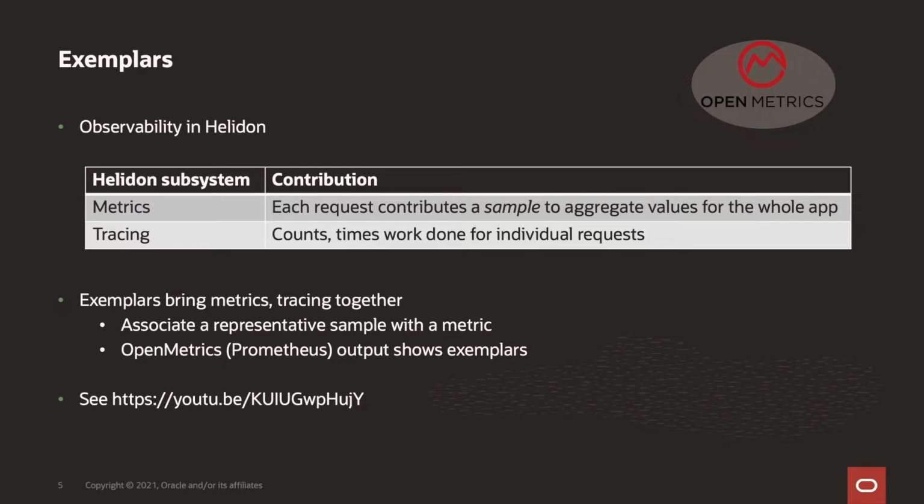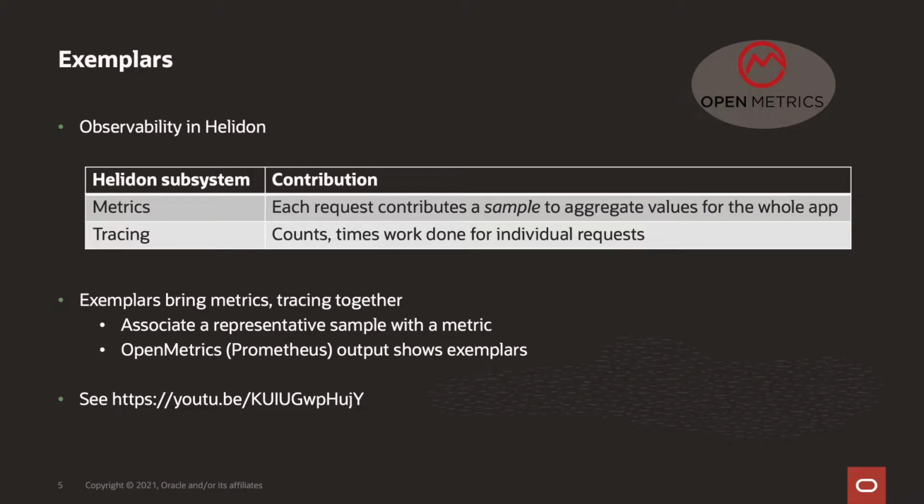Helidon also supports exemplars. We mentioned observability earlier. Metrics is a key part of that, so is tracing. In metrics, each request contributes a sample to aggregate values that are measured for the whole application. Tracing, on the other hand, typically counts and times the work done for an individual request.